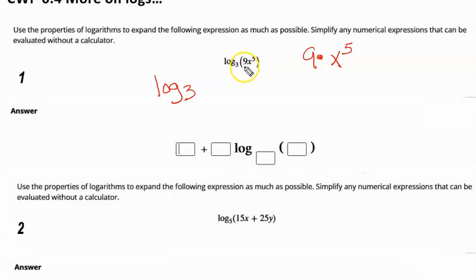So in expanding, this is going to be log 9, plus, now we're going to put log here, and x, but what are we going to do with that 5, which is the exponent? Well, move it in front, so this becomes 5 log of x.